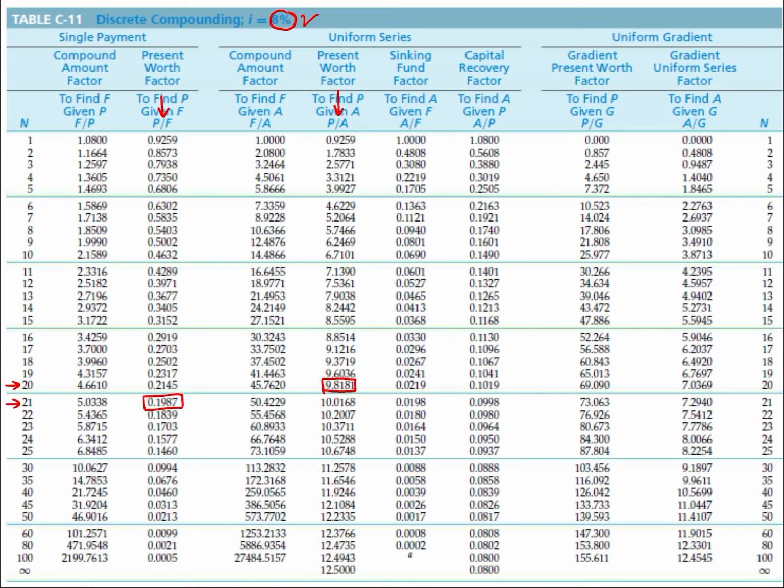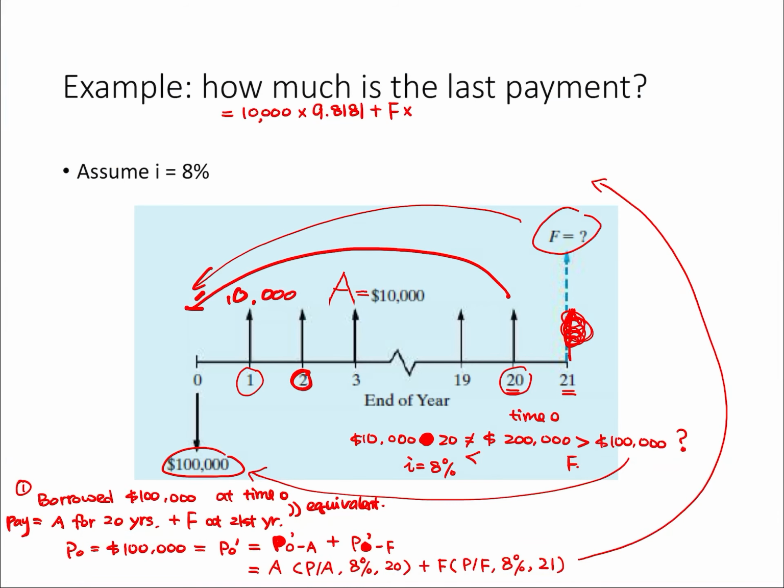So this is your factor. It's 0.1987. Okay, so now what we have is actually an equation. It's 100,000 equal to this term. And in this equation, you only have one unknown variable, which is F. So it's easy to solve for this F.